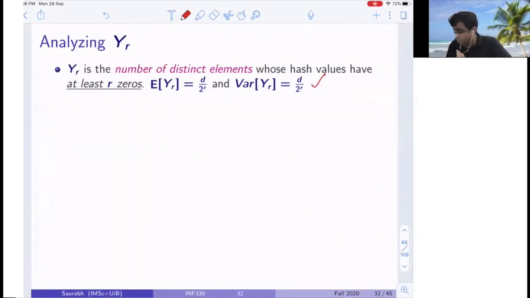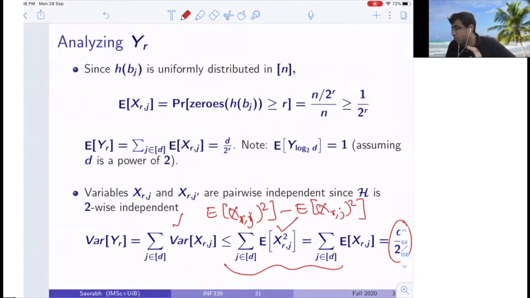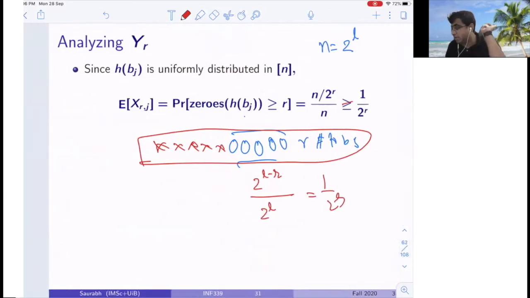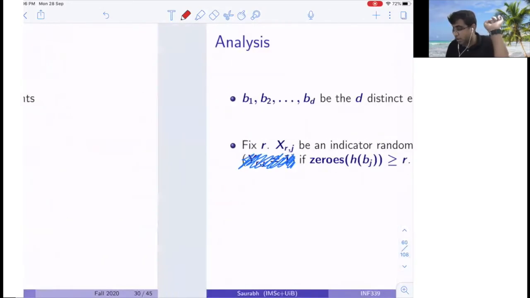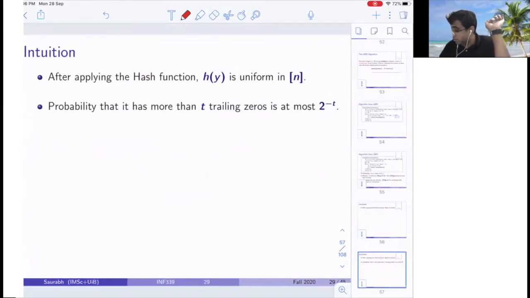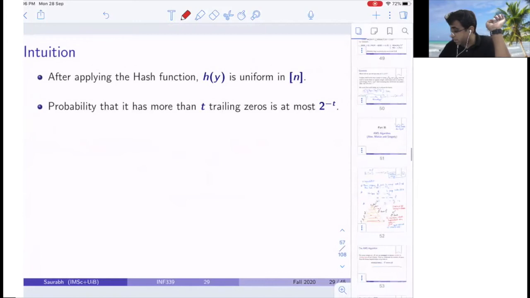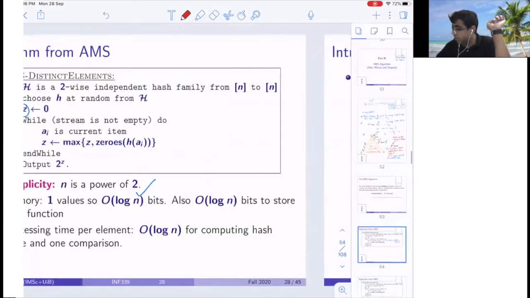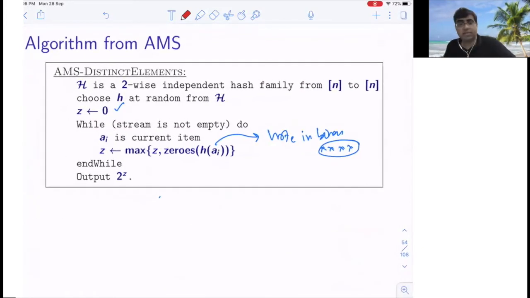Right. So if you notice, it is all about understanding what should be our estimate B, and what should be our estimate B, right? And then it is all about making sure that, sometimes we will use not a two-wise independent hash function, but a larger-wise hash function, and use that to conclude whatever we wish to conclude.